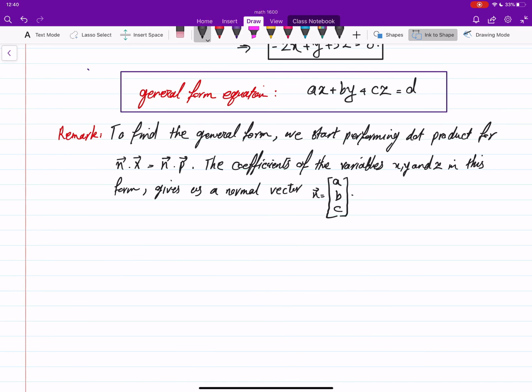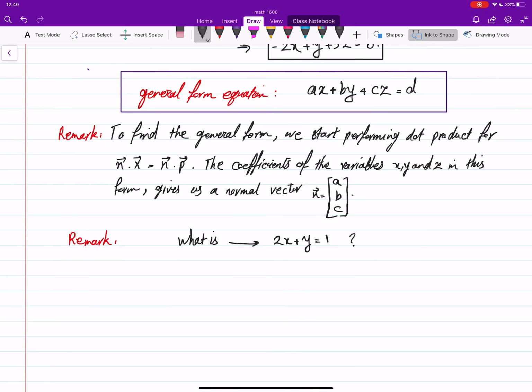But before I move to the second one, there is another thing that we have to be very careful about. Remark 2 is that if someone gives you an equation like 2x plus y equals 1, and asks what kind of object this is, is it a line or a plane?